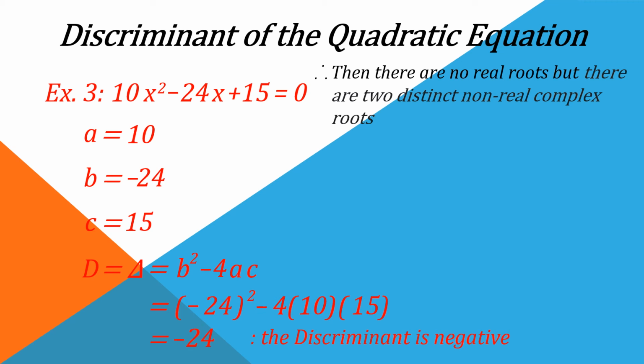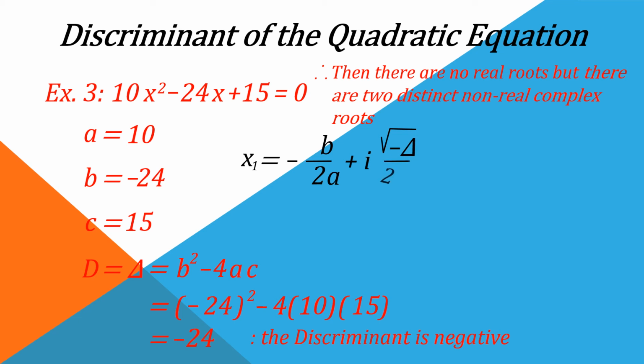And to solve for these non-real complex roots, we have x sub 1 is equal to negative b over 2a plus imaginary number i multiplied by square root of negative delta over 2a.